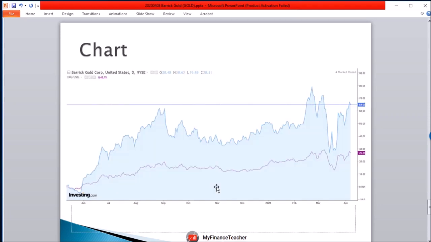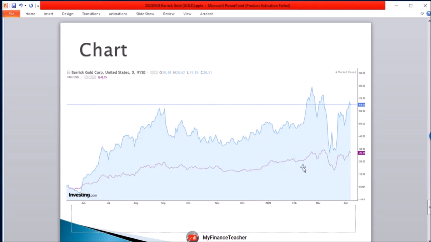Next, let's have a quick look at the chart. This chart compares the price of Barrick gold to the price of gold itself. Blue line is Barrick gold, purple line is gold itself. We see that clearly Barrick gold is correlated with the gold price. An increase in gold price, of course, pushes the price of this company's share higher. And the volatility is higher in the share price compared to the gold price.